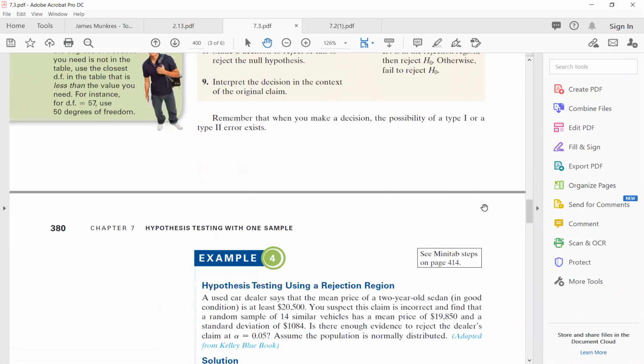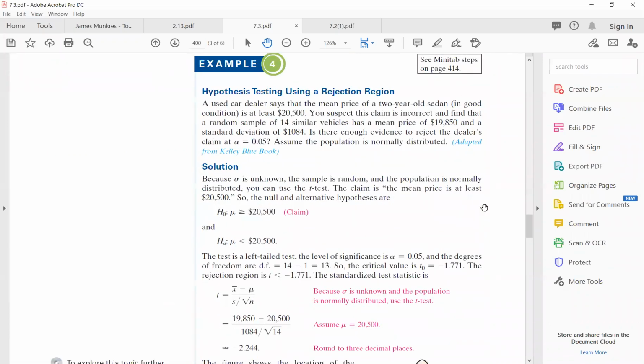Well, let's go over one example to see what's going on. Okay, hypothesis testing using a rejection region. Let us read through this example, find keywords. A used car dealer says that the mean price, so you're working with the mean, of a 2-year-old sedan in good condition is at least, okay, we have a keyword at least, $20,500.